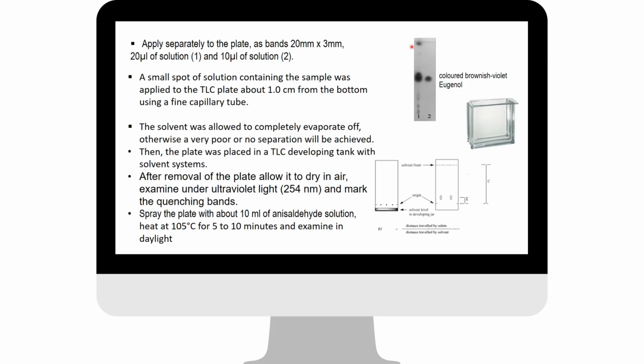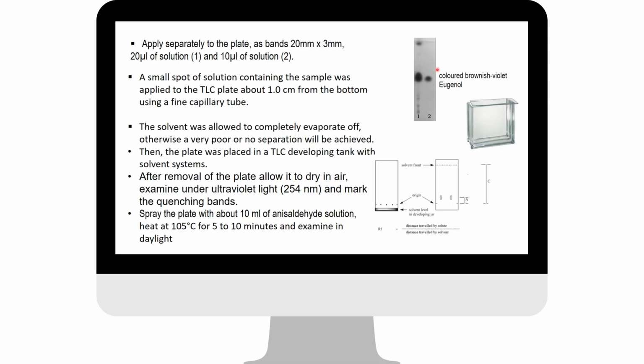In this way, we can calculate the Rf value. In case of our eugenol, I have given one example here, from a published research paper, just so you can get some idea. Here we have the bands of eugenol, after spraying with a reagent and heating at 105 degrees for 5 to 10 minutes.